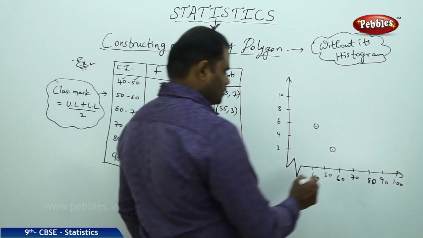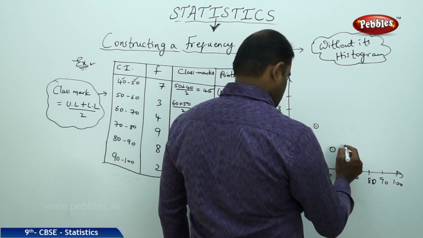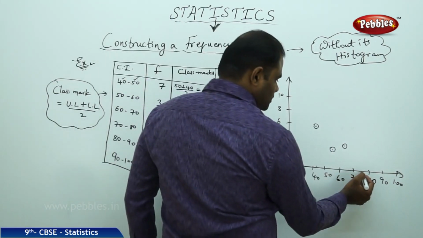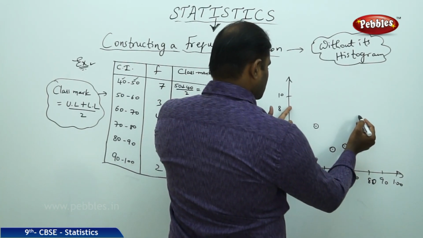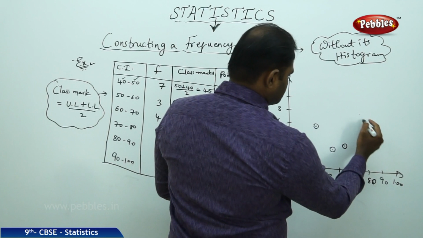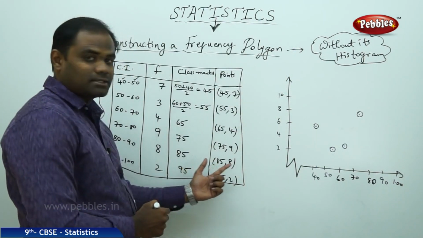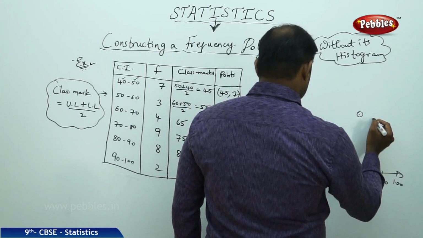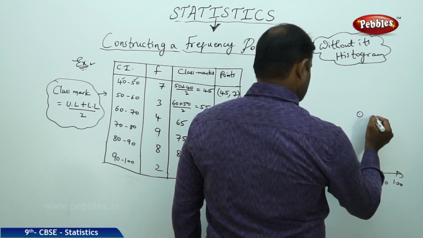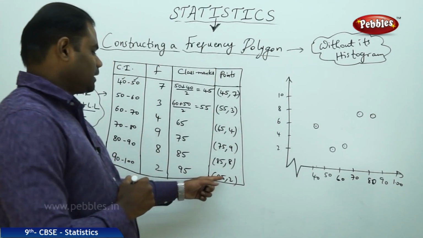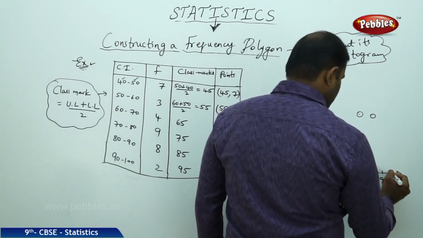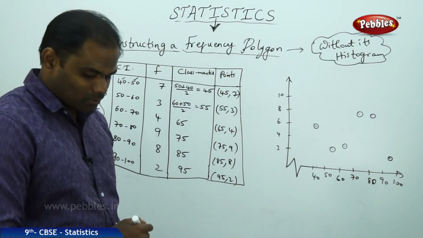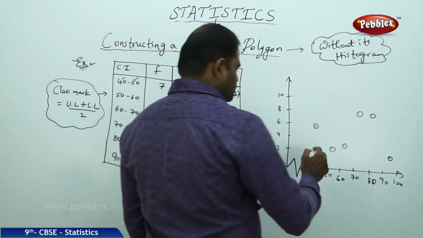Next is 65, 4, somewhere here. Then 75 and 9: 75 is here and it shoots up to 9. Then I have 85 and 8, approximately down here, and 95 and 2. So finally 95 here and 2. Now it's about continuously joining each of the points.